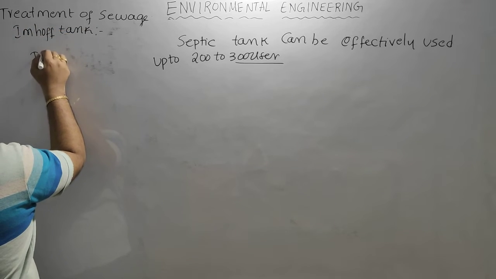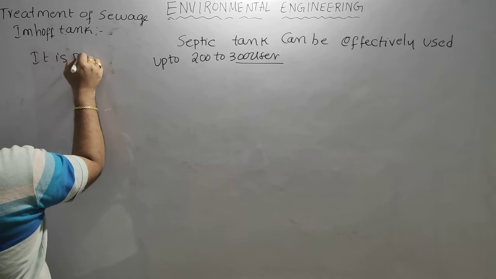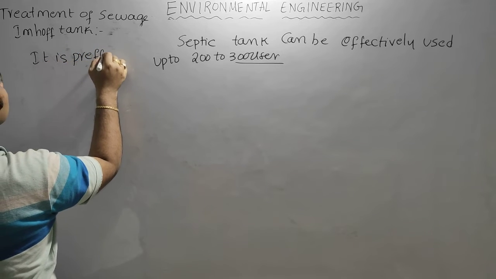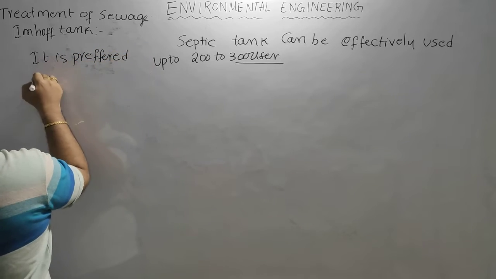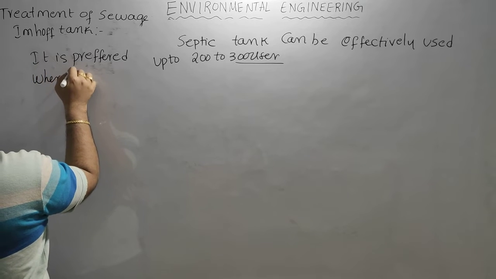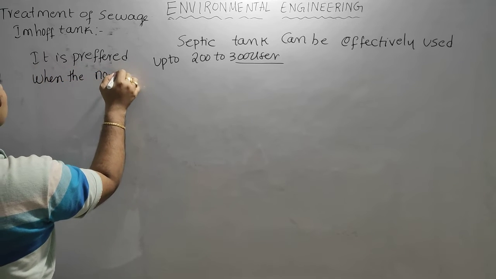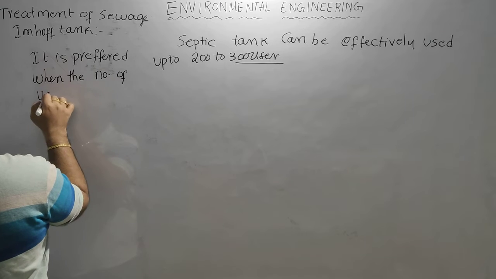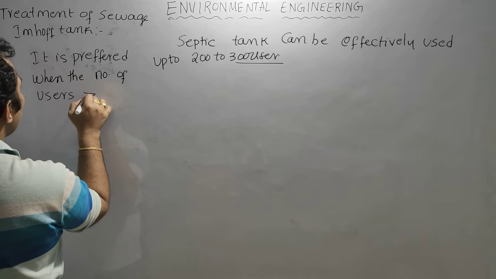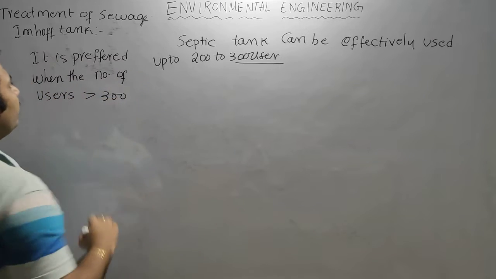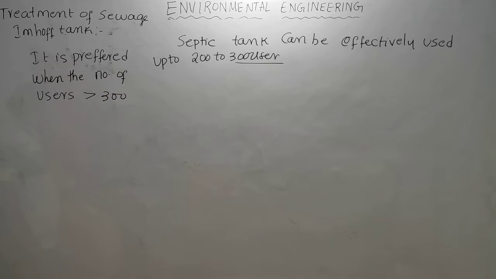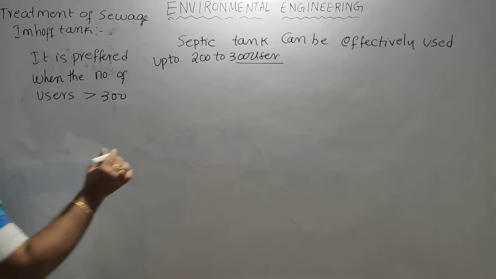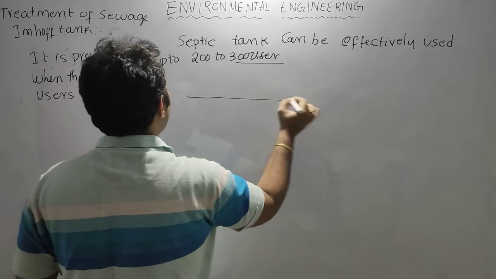It is preferred when the number of users is more than 300. So when the number of users is more than 300, we prefer the Imhof tank. So the Imhof tank will look like this. This is a schematic view of the Imhof tank.